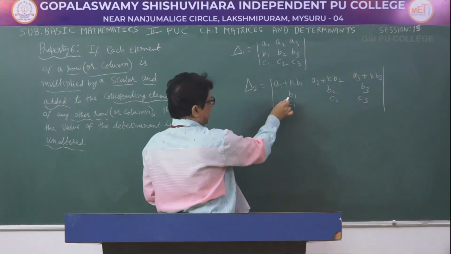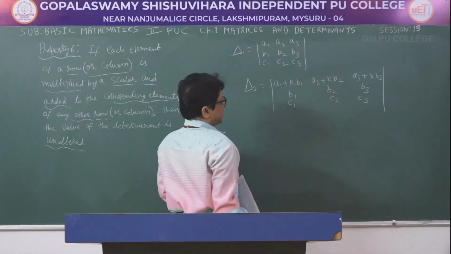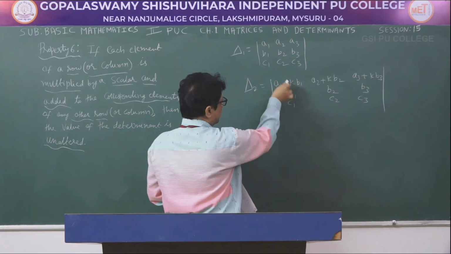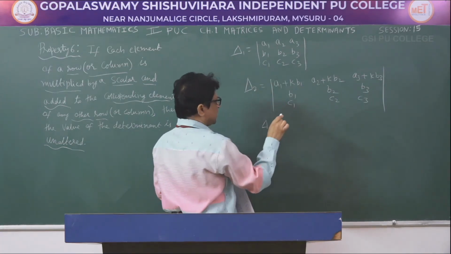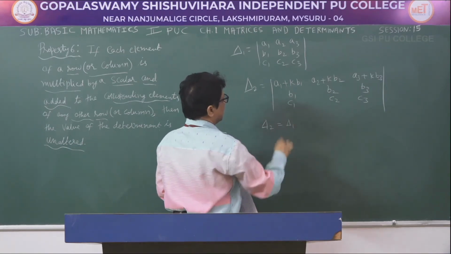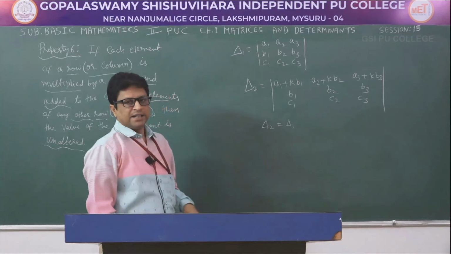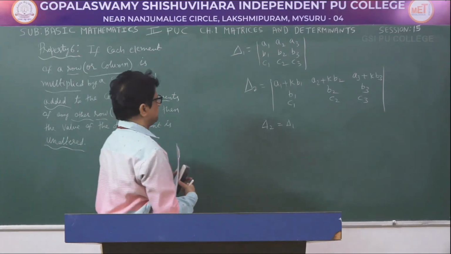Here I have multiplied the second row by k and added it to the first row. Even though I have done these two operations, the value of the determinant remains same. That means delta 2 will be equal to delta 1. So this result we have to prove in property 6.